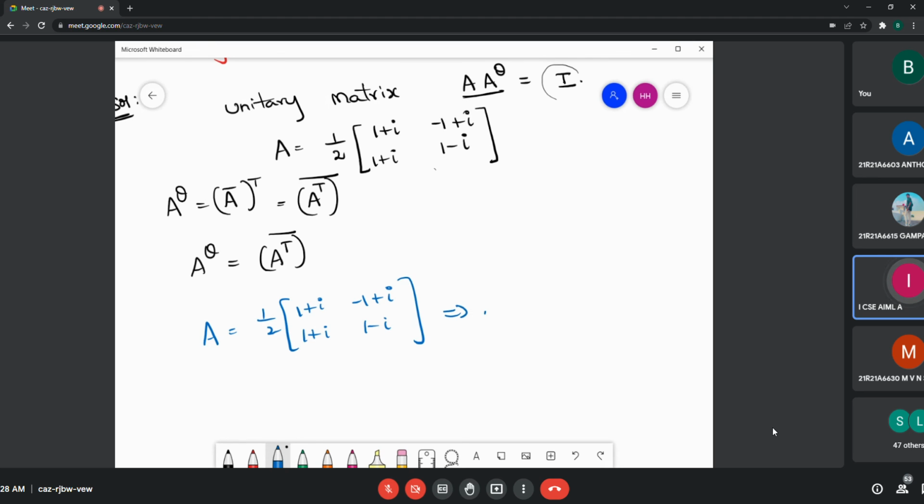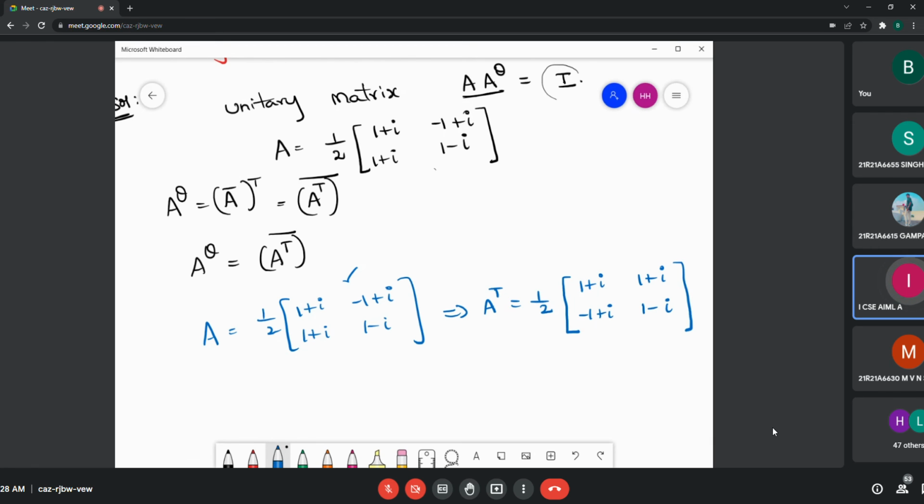From this, I'm writing A transpose. You can write the 1 by 2 as the same, and write the transpose of this matrix: 1+i, 1+i, then -1+i, 1-i. This is the A transpose.